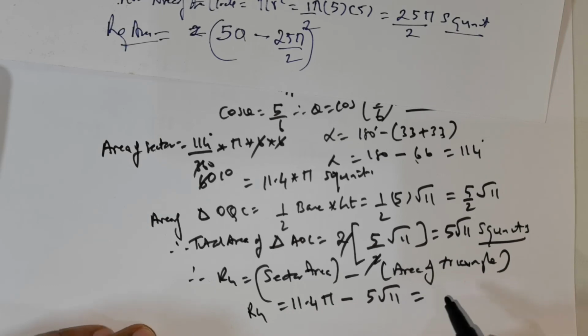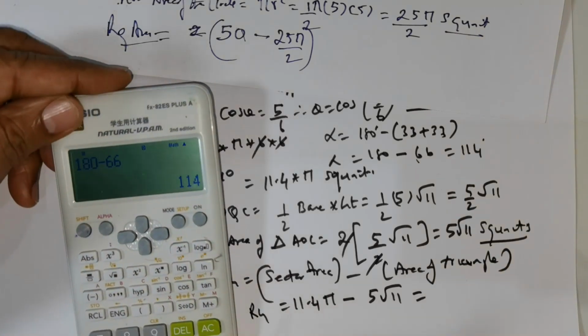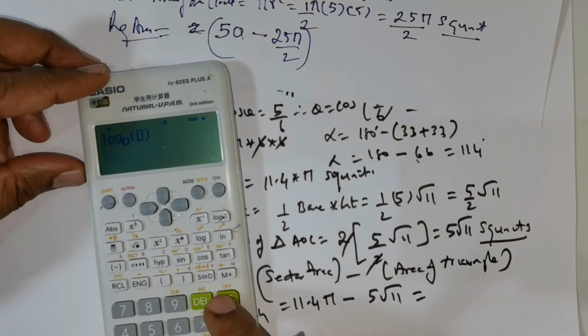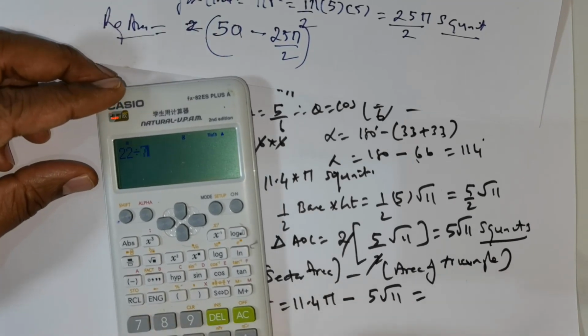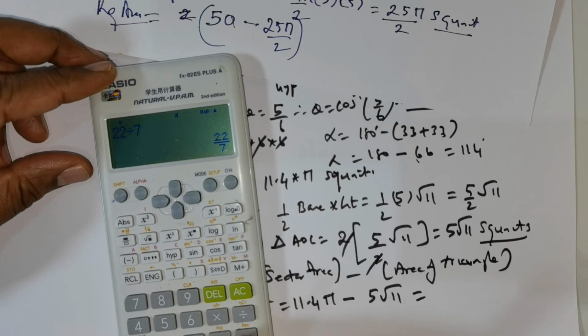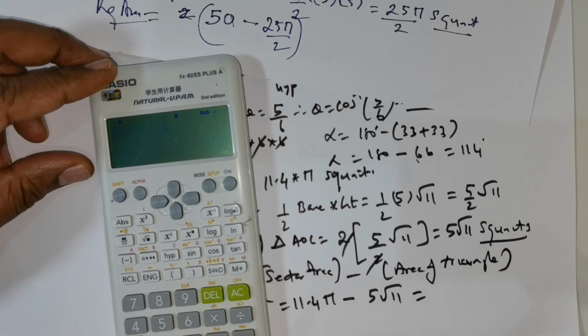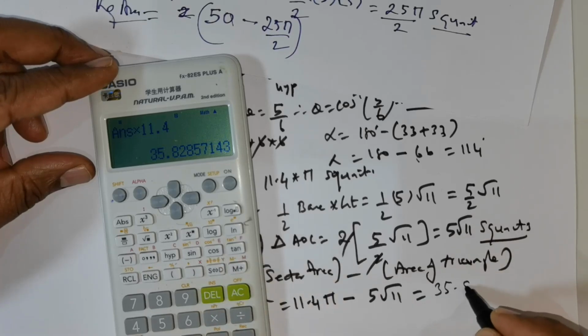Let me just do that. 22 divided by 7, that's the value of pi, multiplied with 11.4, that is equal to 35.82 or 35.83.